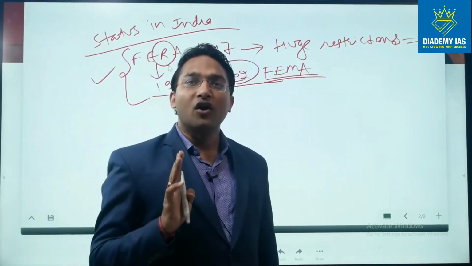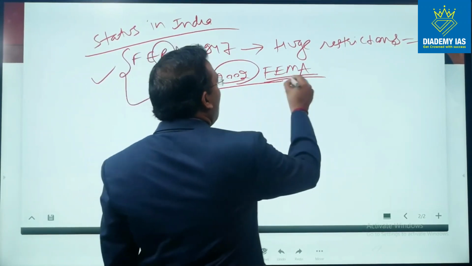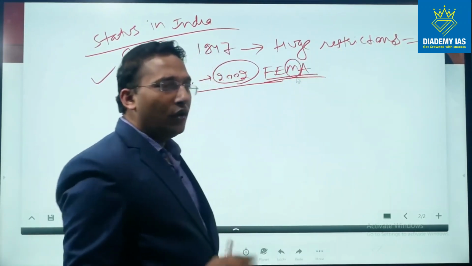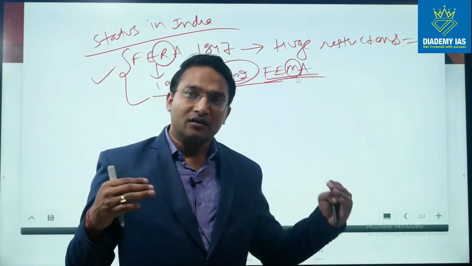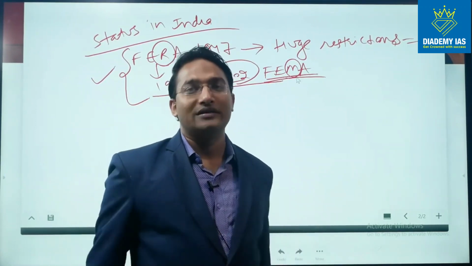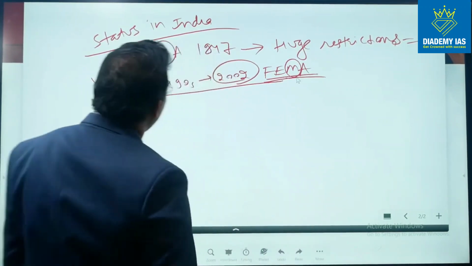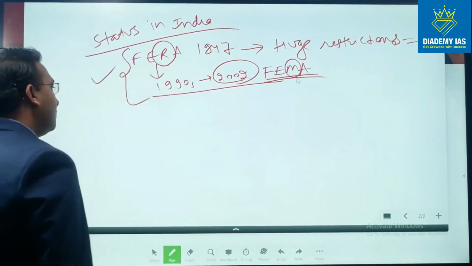Regulation means the government is regulating. There is a check and balance. And now we are saying we are managing. That means we are not regulating, we are not putting much restrictions, but we are managing that there is sufficient currency inside India and there is not extra flow inside India, right? So now the government is working as the manager rather than the regulator.